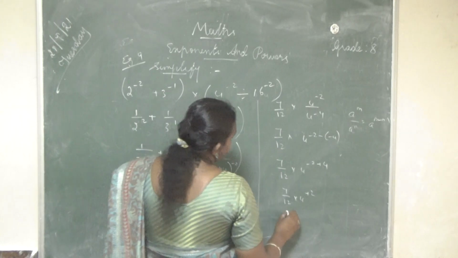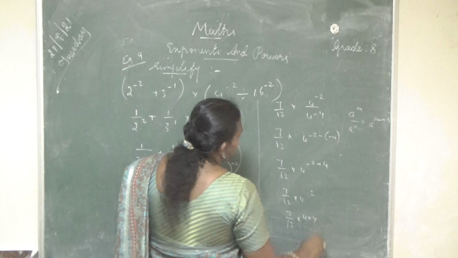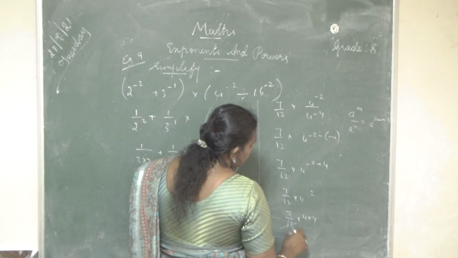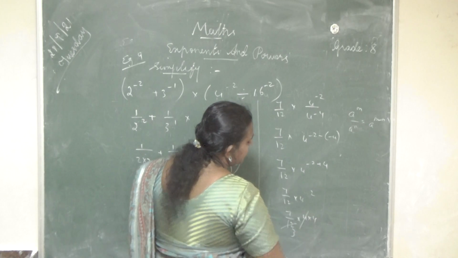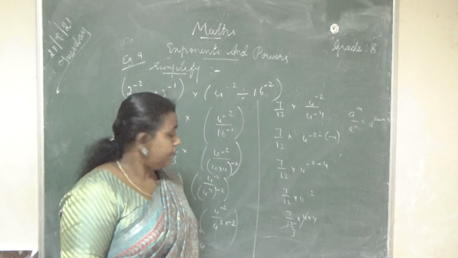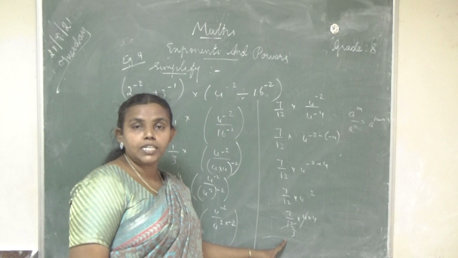So what is the next step? 7 by 12 into 4 square means 4 into 4. So 1 four is 4, 3 fours are 12.